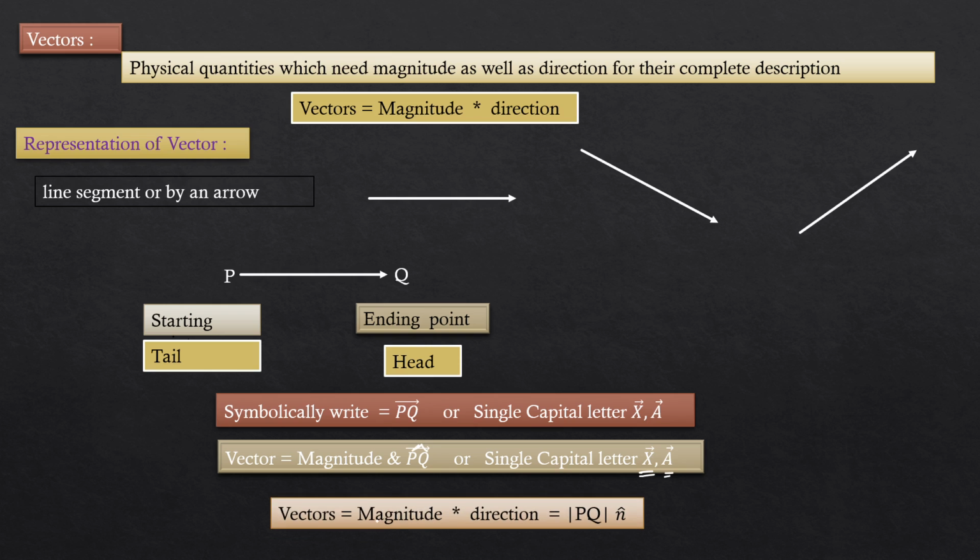How do we represent magnitude? Magnitude is represented by mod, and direction, what do we call it? Cap. So we can have n cap, i cap, j cap, k cap. For example, this vector is p bar, and its direction we will write as p cap, or any cap, n cap.